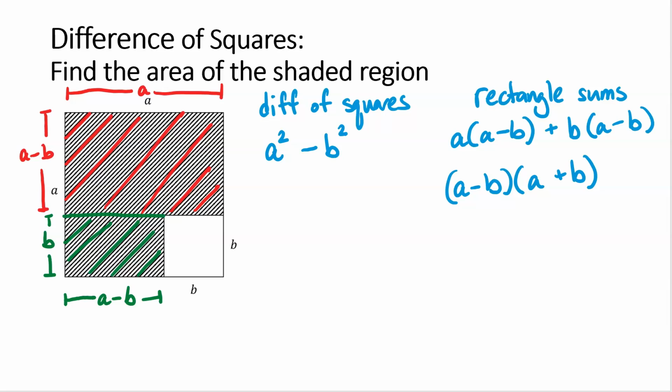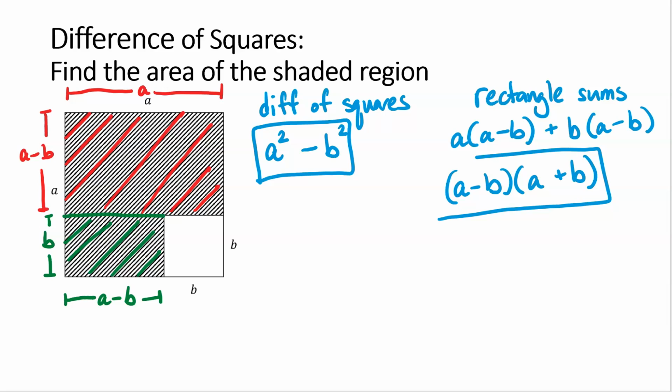So we just solved this problem in two different ways and got answers that, because they solved the same problem, must be equivalent. They're just written in different forms. First, you have a squared minus b squared equals the area of the shaded region, and also a minus b times a plus b equals the area of the shaded region.